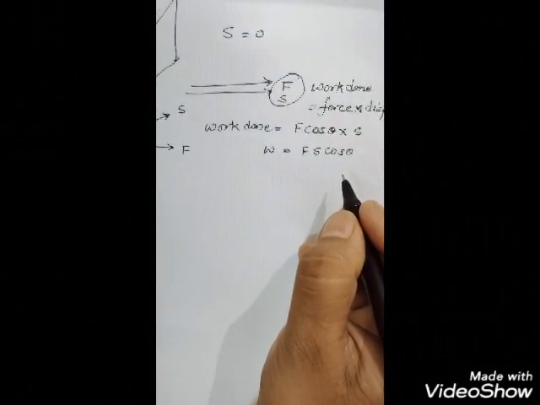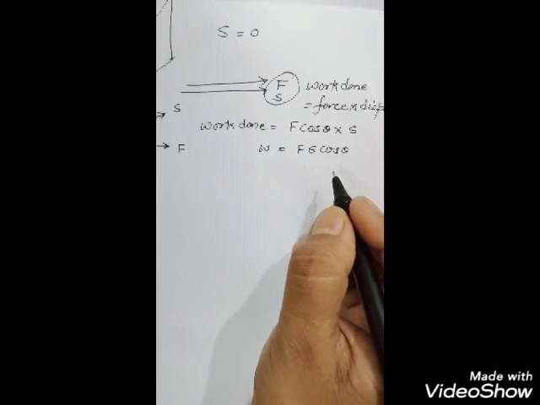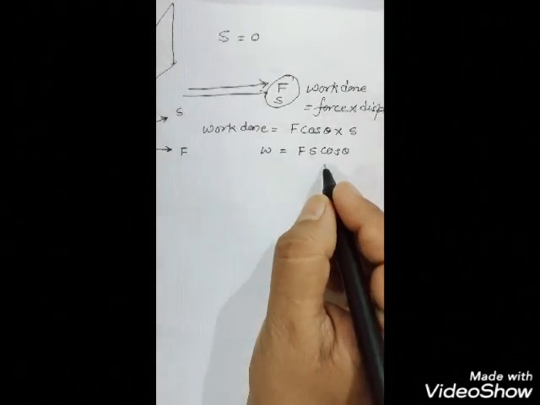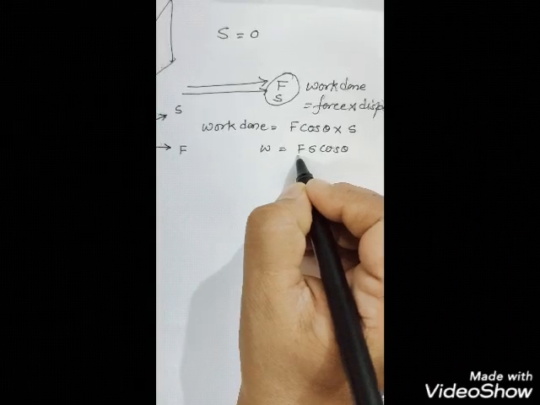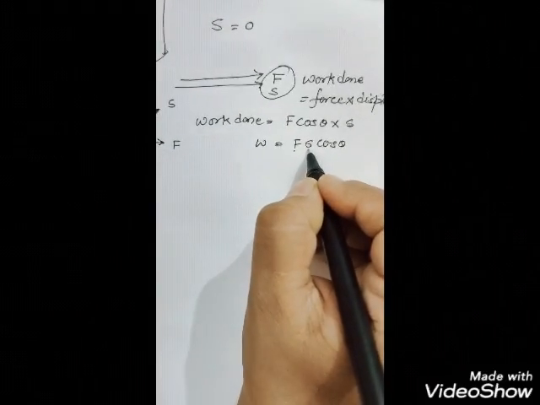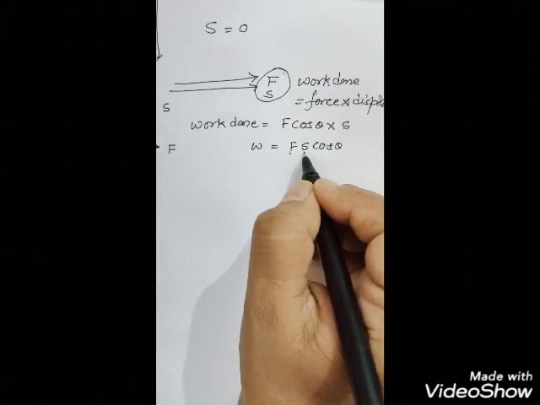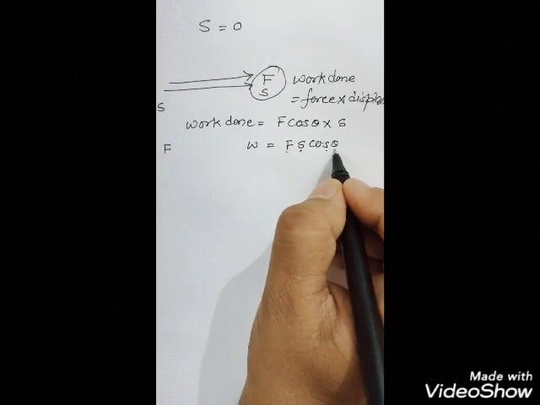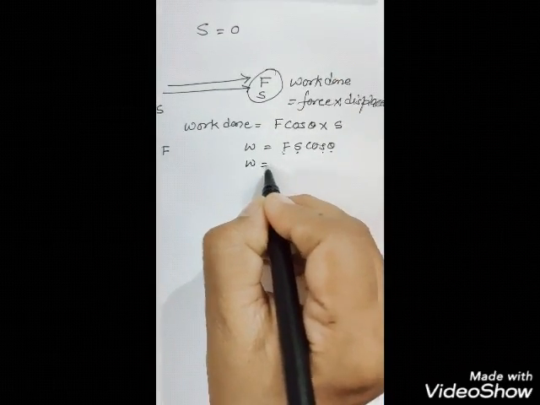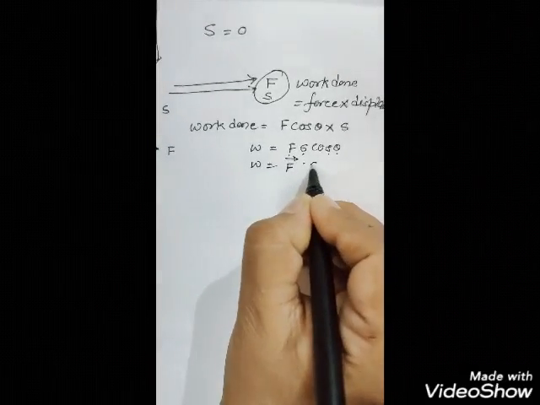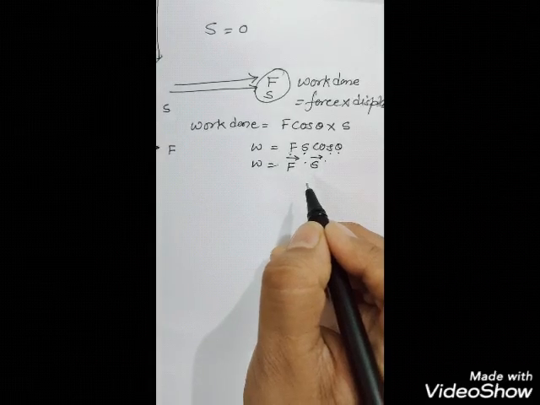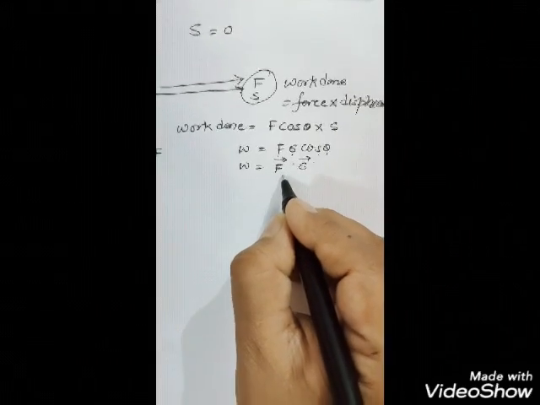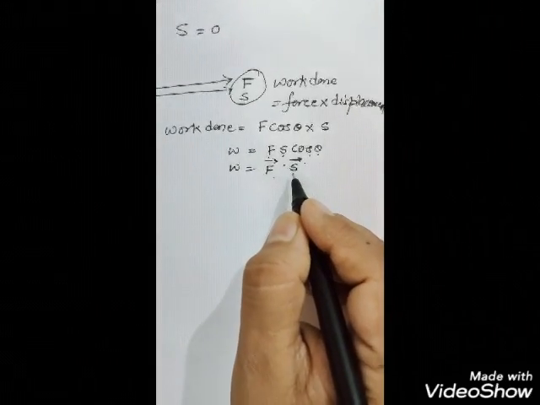But according to the definition of the dot product, as we know, the dot product is the scalar product of two vector quantities. So here you will find the force is a vector quantity, the displacement is a vector quantity, and the magnitudes of these two are multiplied by cos theta, where theta is the smaller angle between them. So in that situation we can write the work done as F dot S. Okay, so actually the work done is the scalar product of force and displacement.